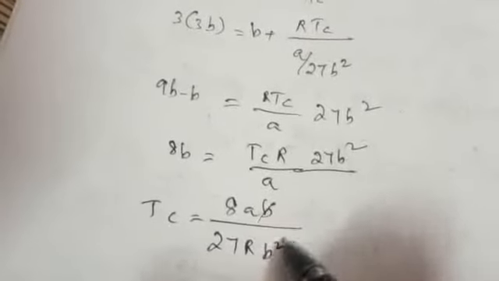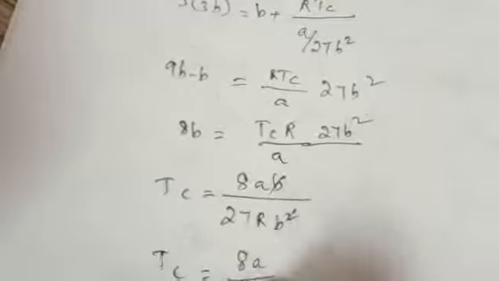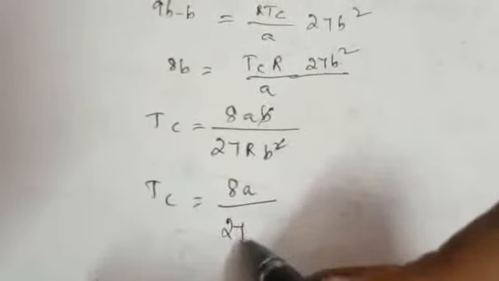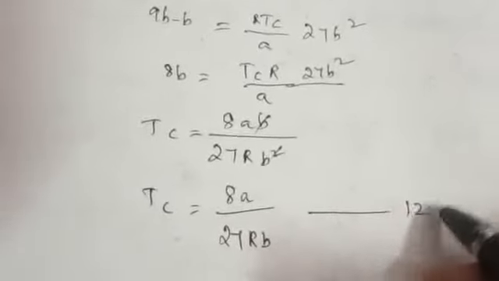So B cancels. Tc equal to 8A divided by 27 RB. That is equation number 12.